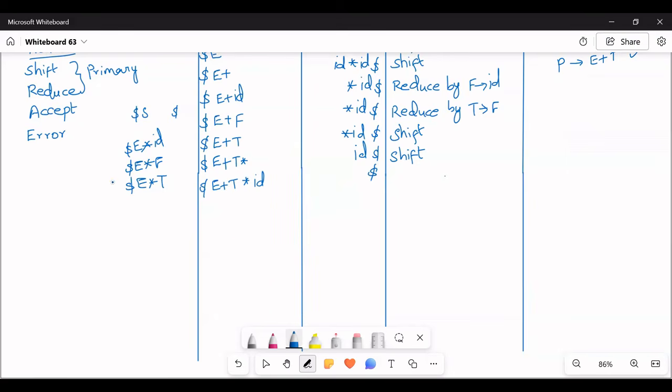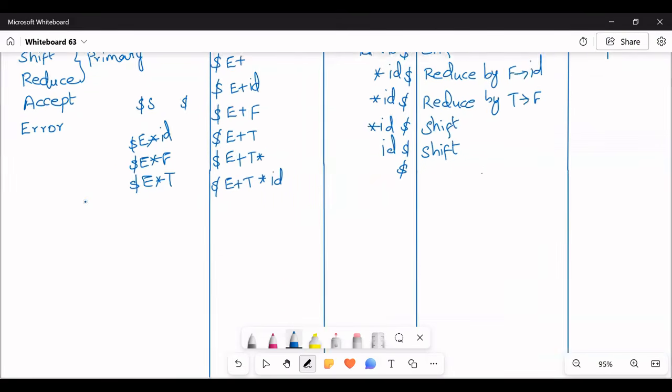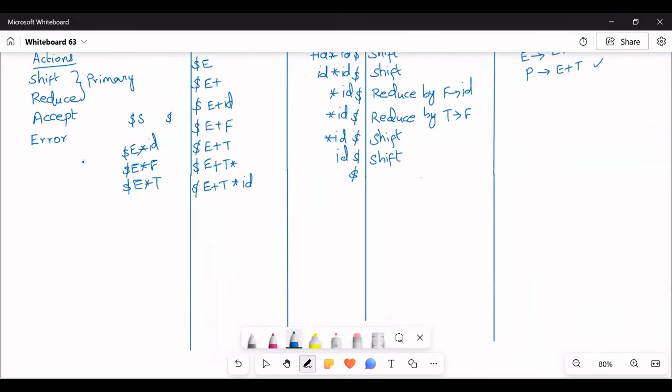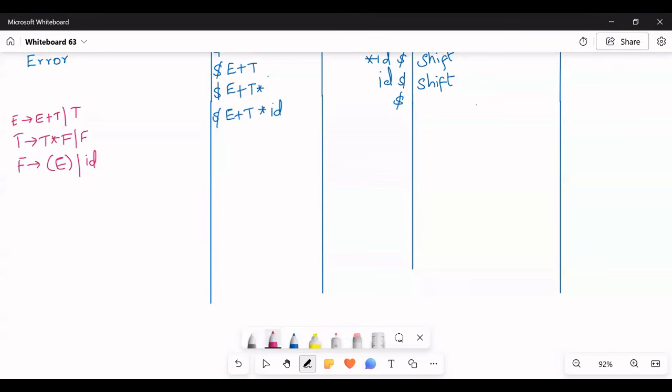Now ID is matched with the right hand side of the production. So it is a handle. So the next action is reduce action. So reduce by F tends to ID.